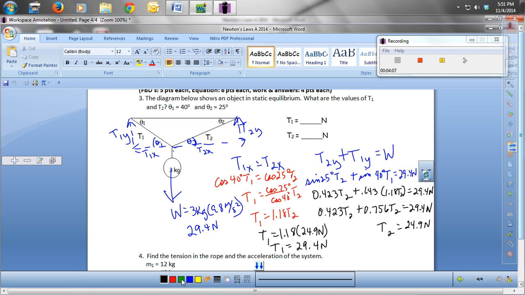If you had version B, let me give you the tensions for version B. That was 117.43 for T1, and T2 was 99.5. It worked identically. The only thing we did different was we changed the weight. So that's for version B.